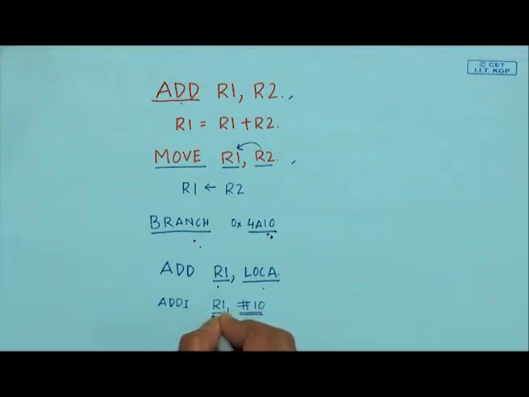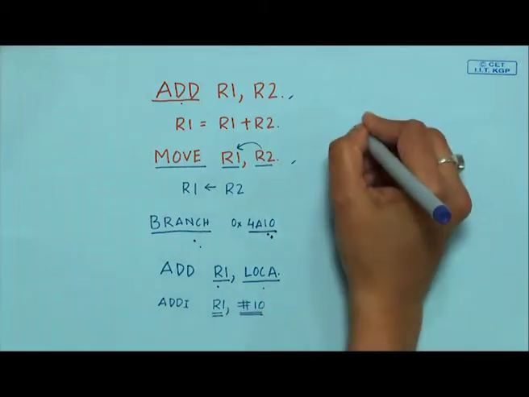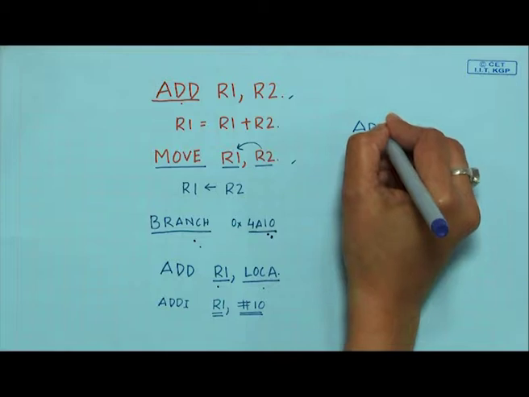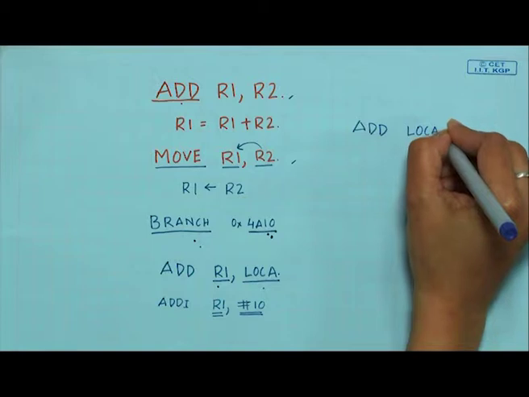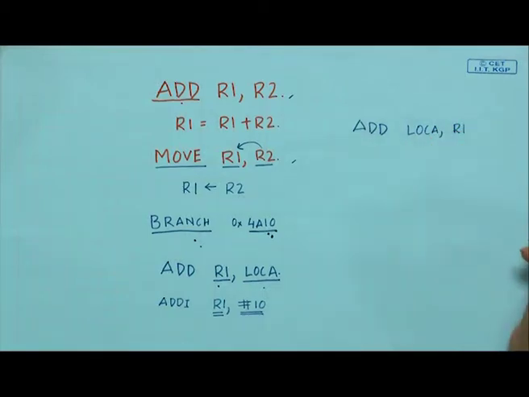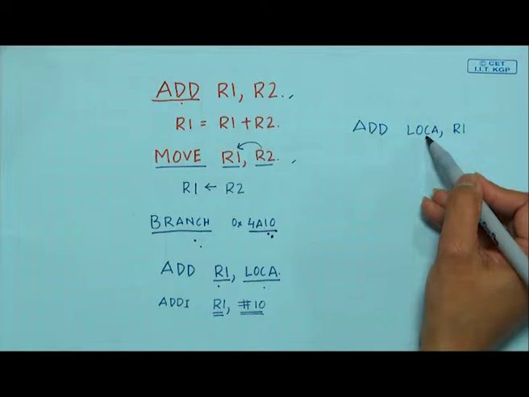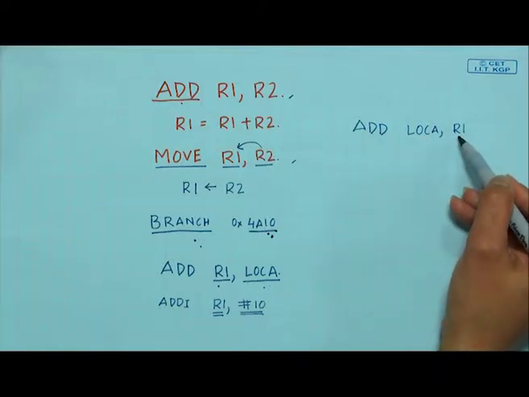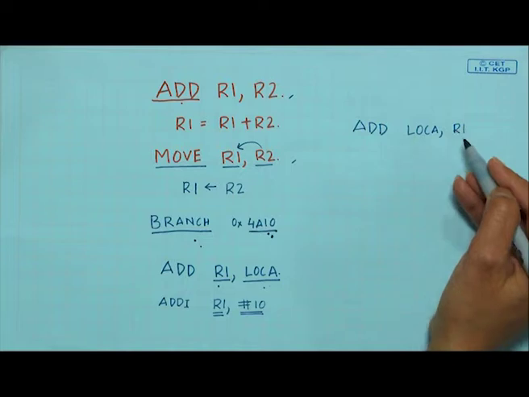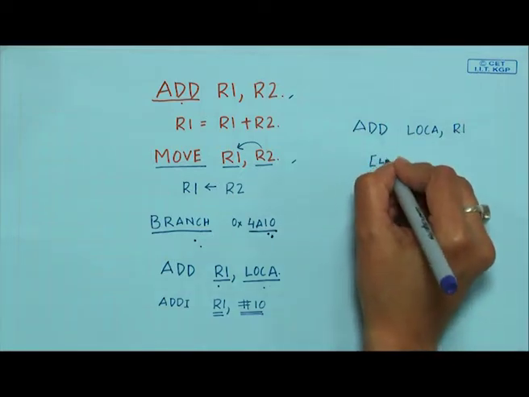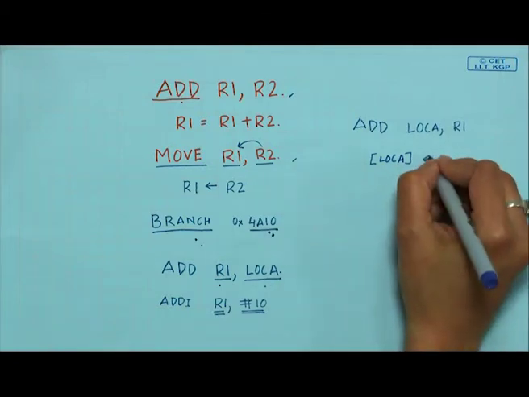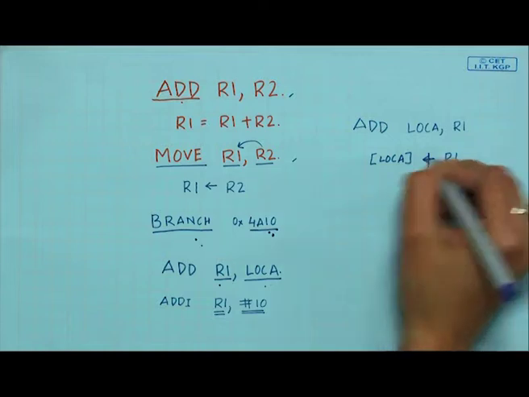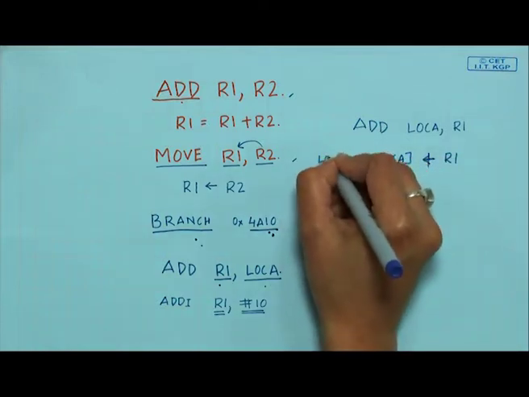A destination operand should always be a register or a memory location. We can have another instruction where the content of LOCA and the content of R1 will be added and the result stored back in LOCA.